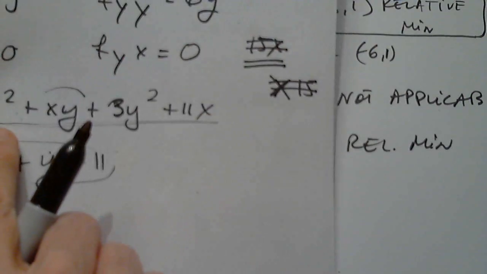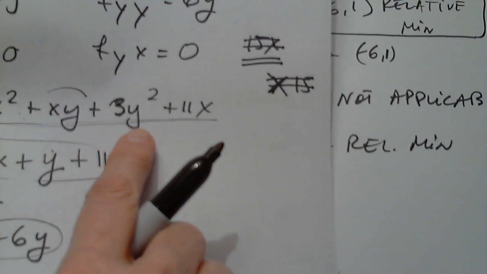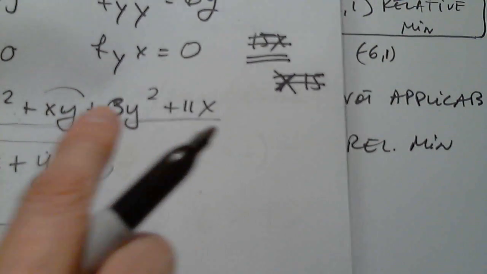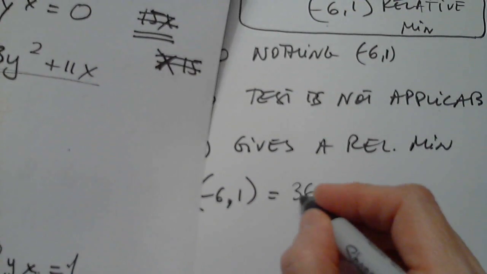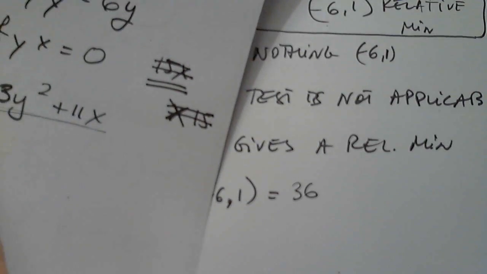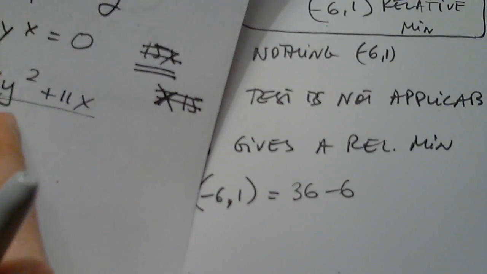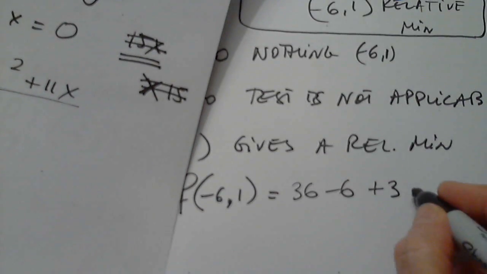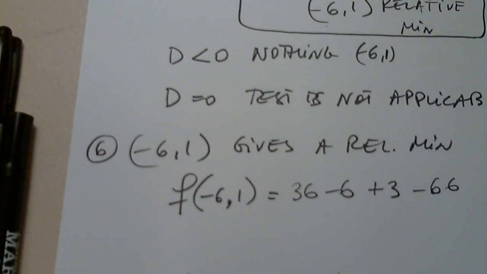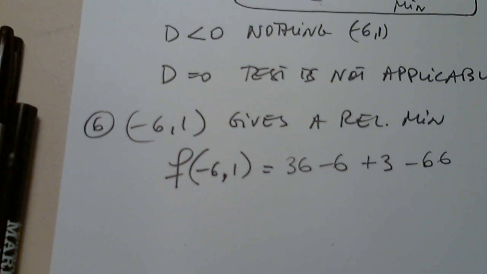Here it is. x squared plus xy plus 3y squared plus 11x. I calculate by replacing x by negative 6. So 36. And then negative 6 times 1 is negative 6. And plus 3. And then minus 66. This is the actual minimum value.